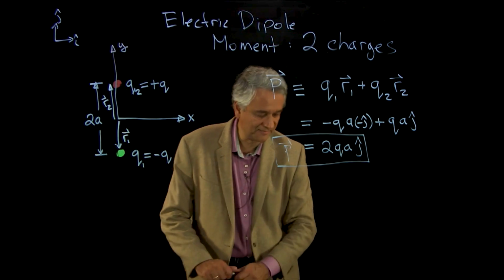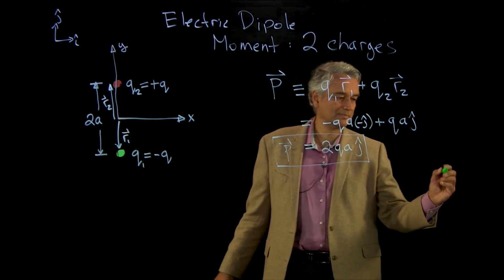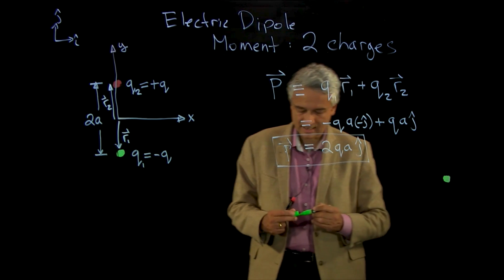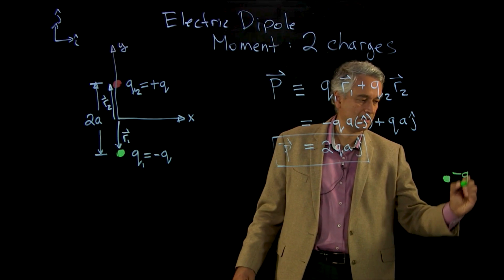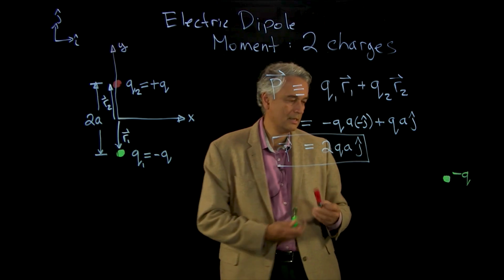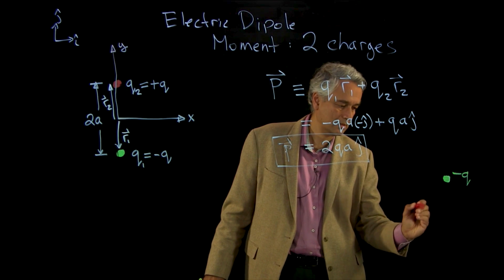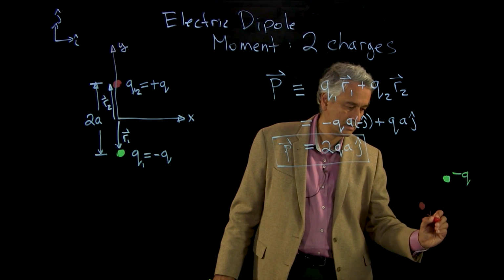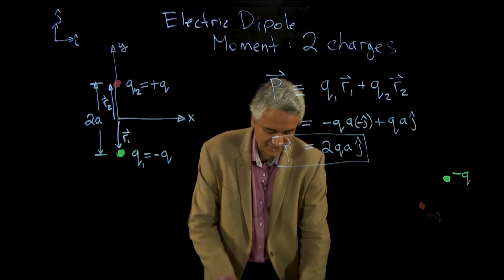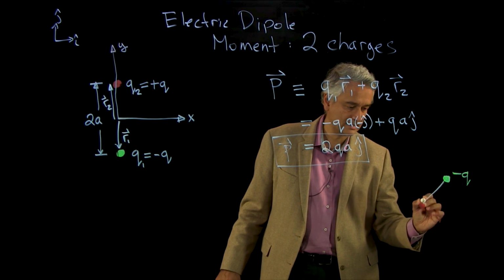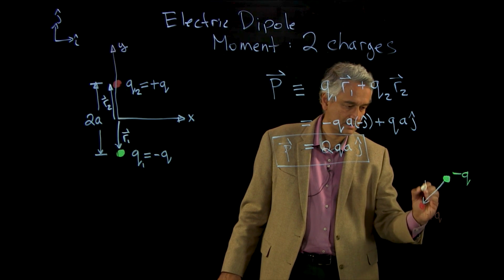And so this generalizes. If I have some other dipole over here, here's my negative charge, and here is my positive charge, then the dipole vector for this dipole will be a vector that points in this direction.